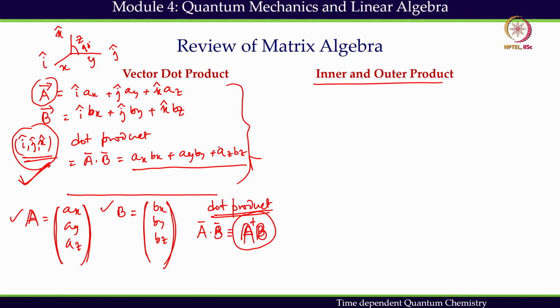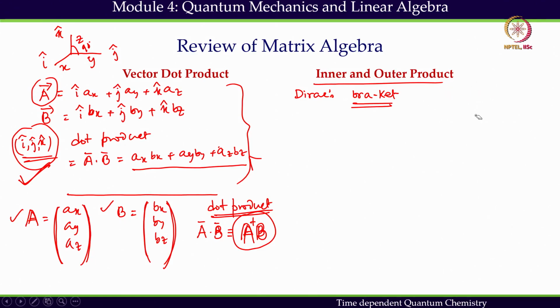Before we represent the inner product, a column matrix represents a vector. I have already mentioned that. If I use Dirac's bracket notation, it is called bracket notation, but the meaning is similar.